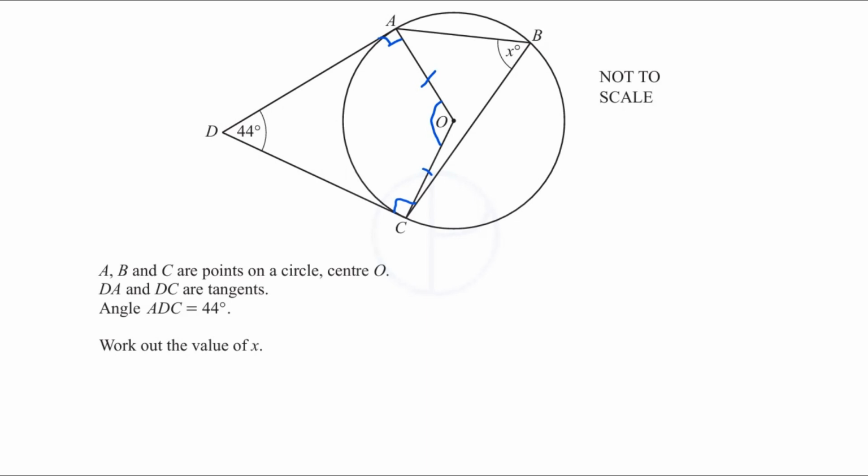In a quadrilateral, the sum of angles is equal to 360. By using this theorem, let's find the value of angle AOC. So 44 plus 90 plus 90 plus angle AOC is equal to 360.